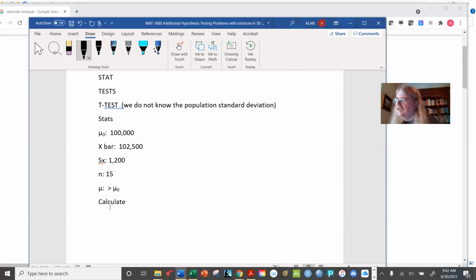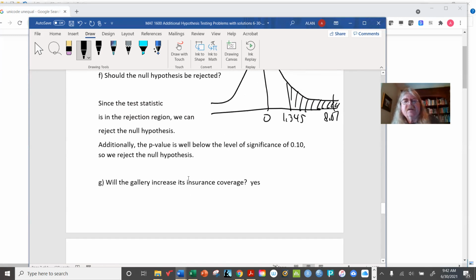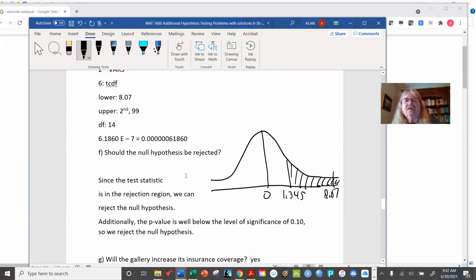So really the only two things we need are the t-statistic is 8.07, which is what we knew, and the p-value is listed here as 6.1975 e negative 7. And again, it's not precisely the same as what we got because of rounding, but it's awfully, awfully close.